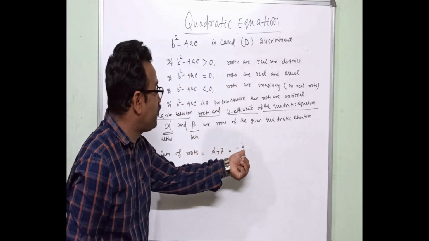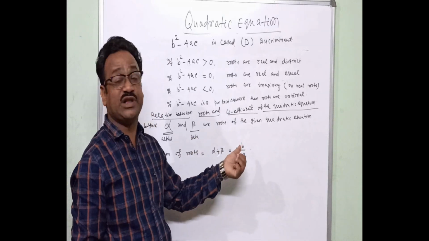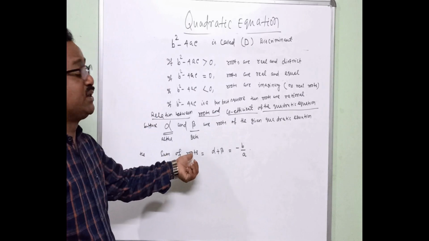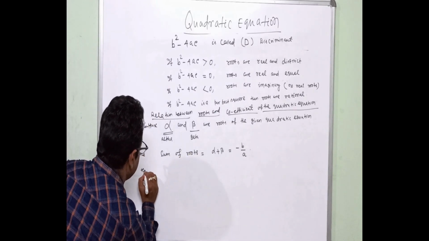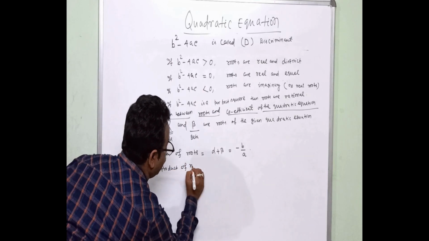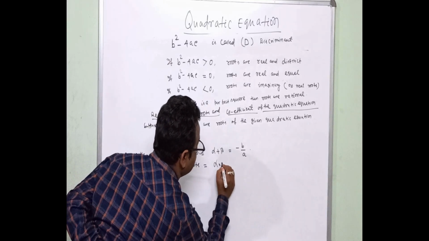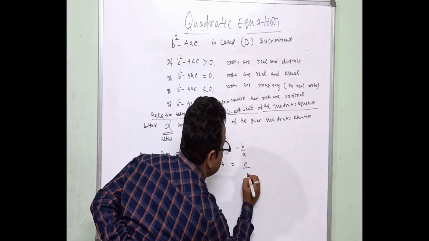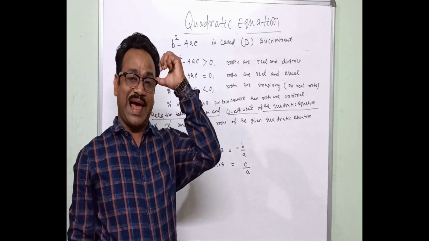From the coefficient of x and coefficient of x square, directly by putting this value we can find out the sum of the roots. Now second one, the product of roots. Without solving we can find out alpha into beta is equal to c by a, term independent of x divided by the coefficient of x square.